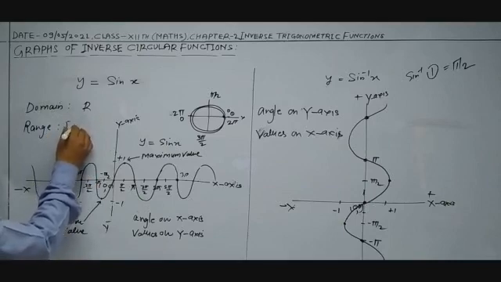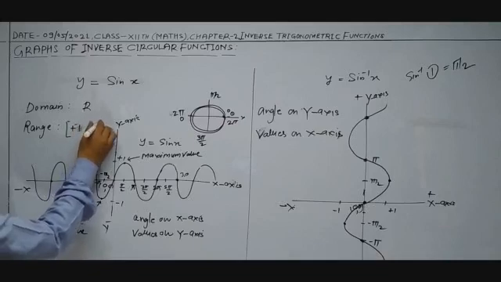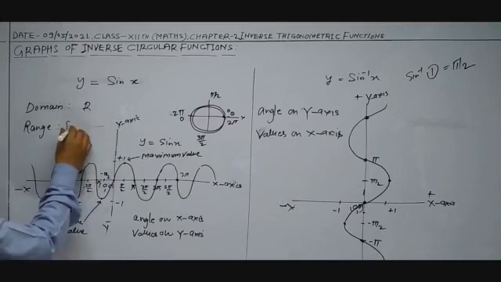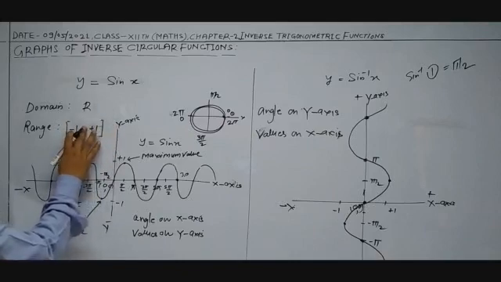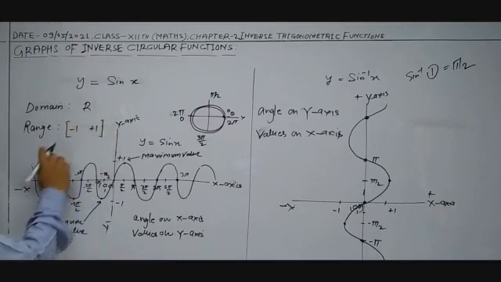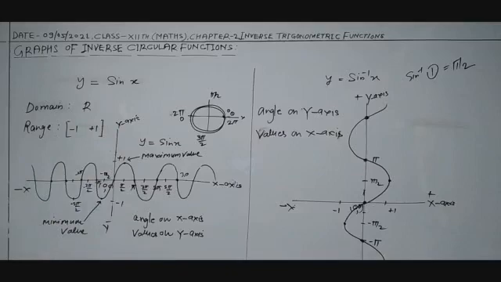So in closed interval the range is minus 1 to plus 1, in increasing order, minus 1 to plus 1.